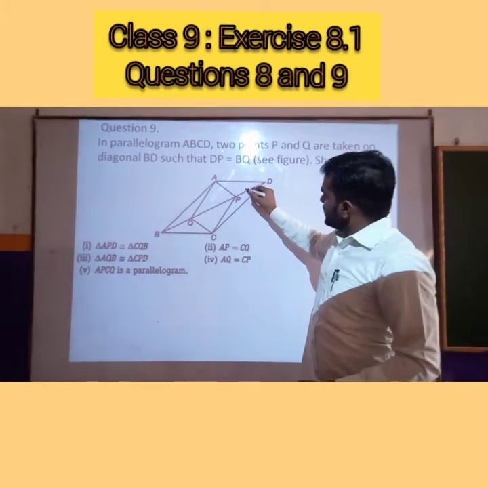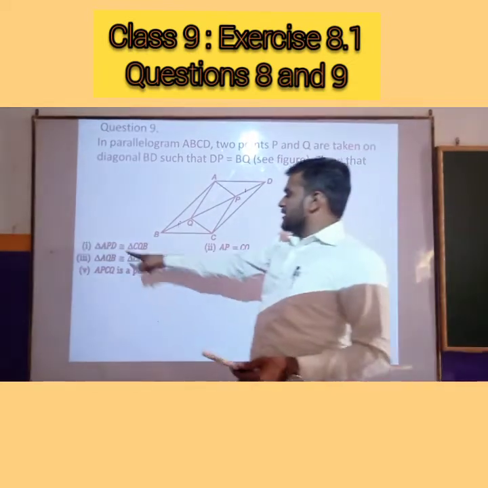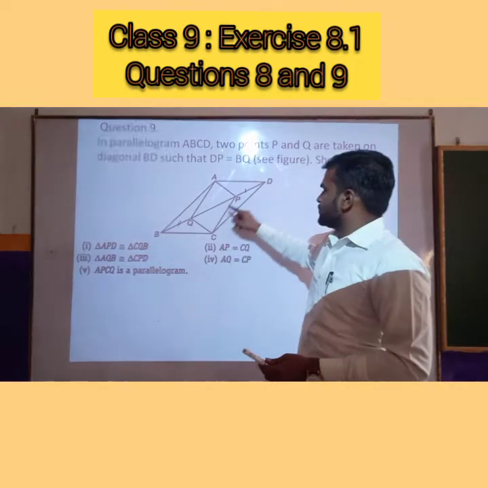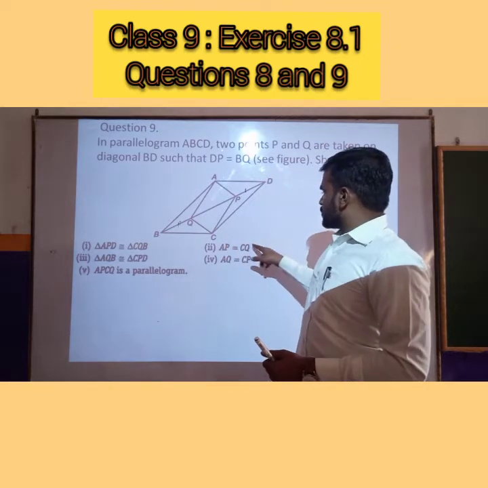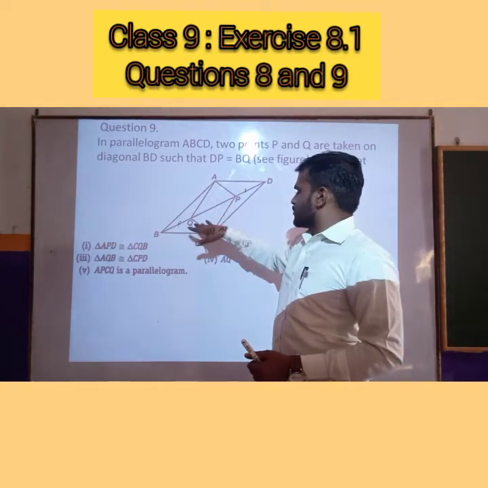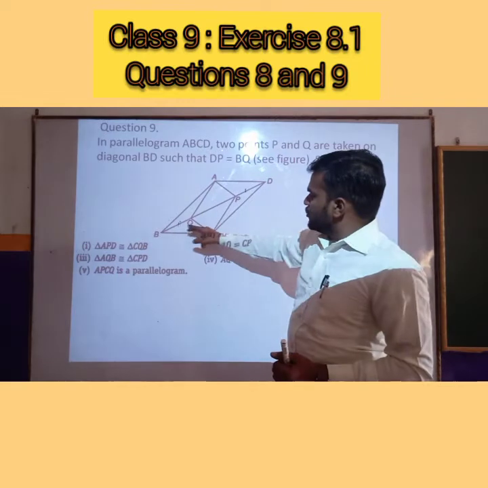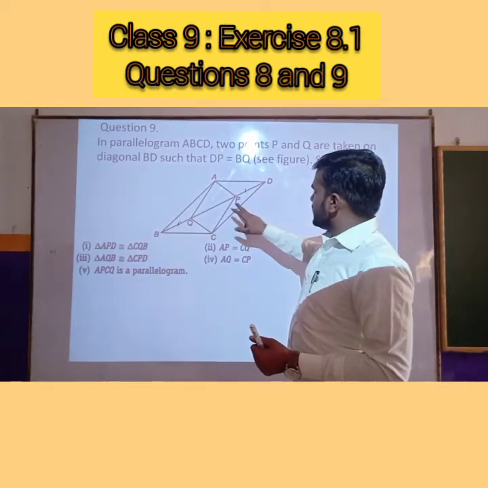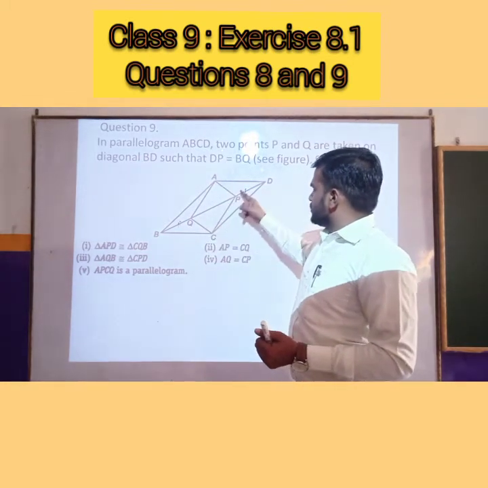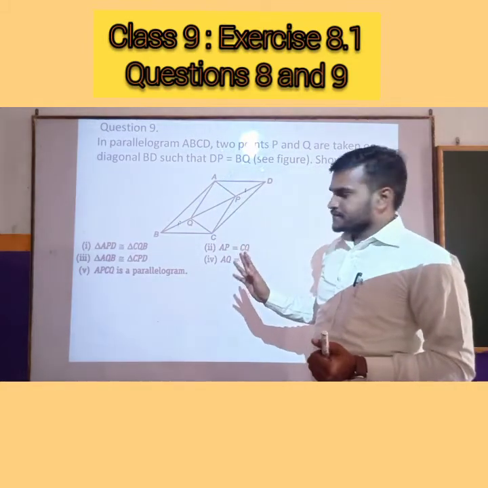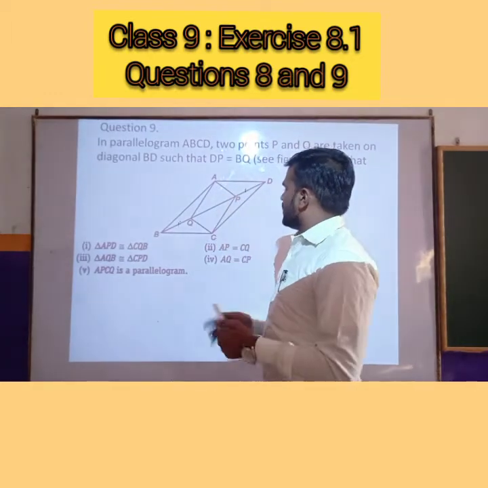We have to show that triangle APD is congruent to triangle CQB, that AP is equal to CQ, that triangle AQB is congruent to triangle CPD, that AQ is equal to CP, and fifth, that APCQ is a parallelogram.